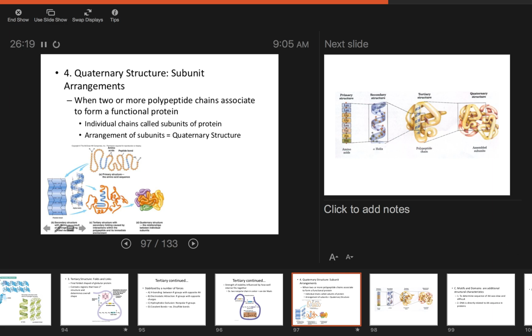Okay, so secondary level is caused by hydrogen bonds. We get alpha helixes or beta sheets, but then we can throw in all those other interactions, like van der Waals, nonpolar, hydrophobic, covalent bonds, all of the ionic bonds, all of that. So then you get this really complex structure. But then if you have a whole bunch of these that can interact with each other, you get your final protein shape, and that's the quaternary structure.